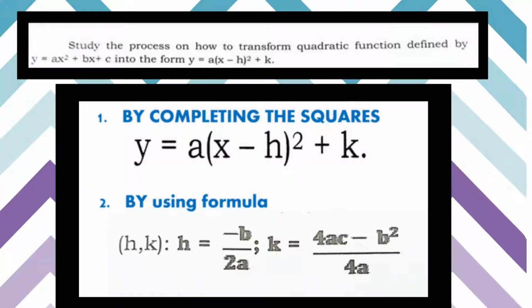The formula of the vertex is h comma k, or you may also call it x comma y, wherein the x or h is negative b over 2a. The formula of k or y equals 4ac minus b squared all over 4a.